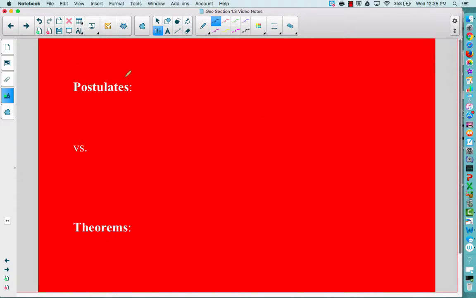Our class, geometry, is going to be made up of a hierarchy of different things. The bottom of the hierarchy is what we did yesterday in 1.2: points, lines, and planes, okay? Points, lines, and planes lead us to make conjectures about things, which then leads us to our postulates.